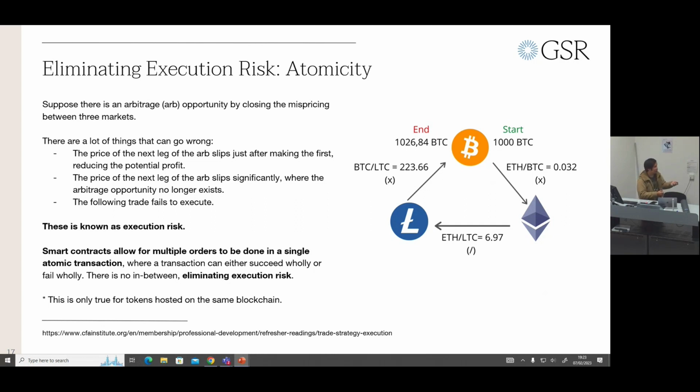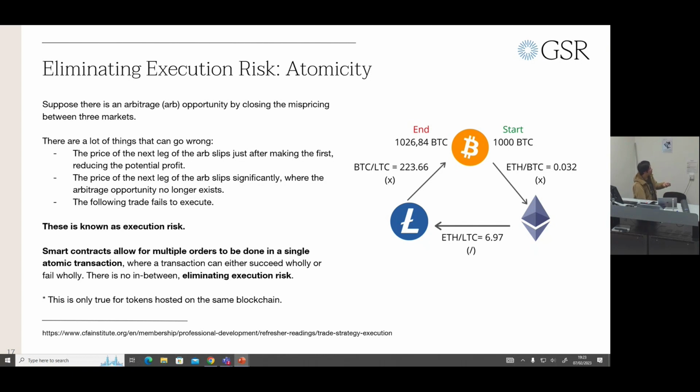And that provides us with atomicity for that trade, whereby if I'm not able to make a profit trading these three markets, then those orders never actually execute. And generally I don't need to pay a thing, actually.